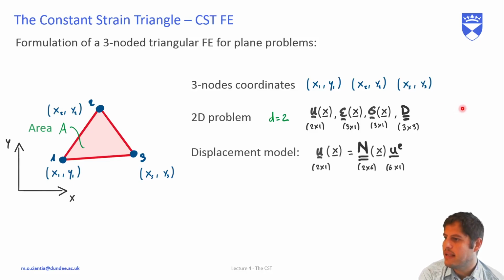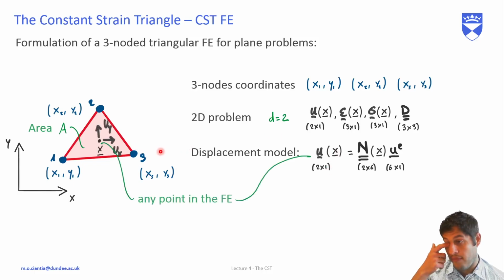Last week we've seen the displacement model for finite element formulation, and we've seen that the displacement of any point inside our finite element can be written as a function of the nodal displacement vector. So any point in the FE can be described by means of this interpolation matrix, that is the shape function matrix.